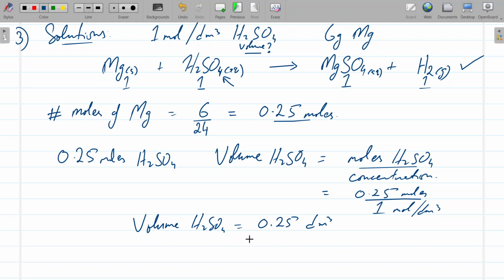And if you want to convert that into centimeter cube, you multiply that by 1,000, and that will give you 250 centimeter cube. So that is how much sulfuric acid you need for a complete reaction with 6 grams of magnesium. Making sense, Fatma?